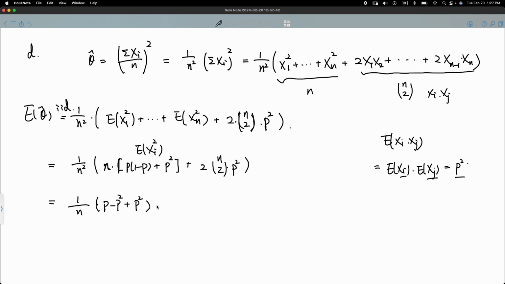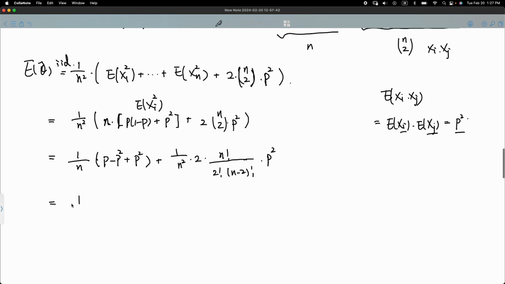Okay. And then 1 over n squared multiplied by 2, multiplied by n factorial over 2 factorial times n minus 2 factorial, multiplied by p squared. Okay, so n choose 2. Yes, okay.